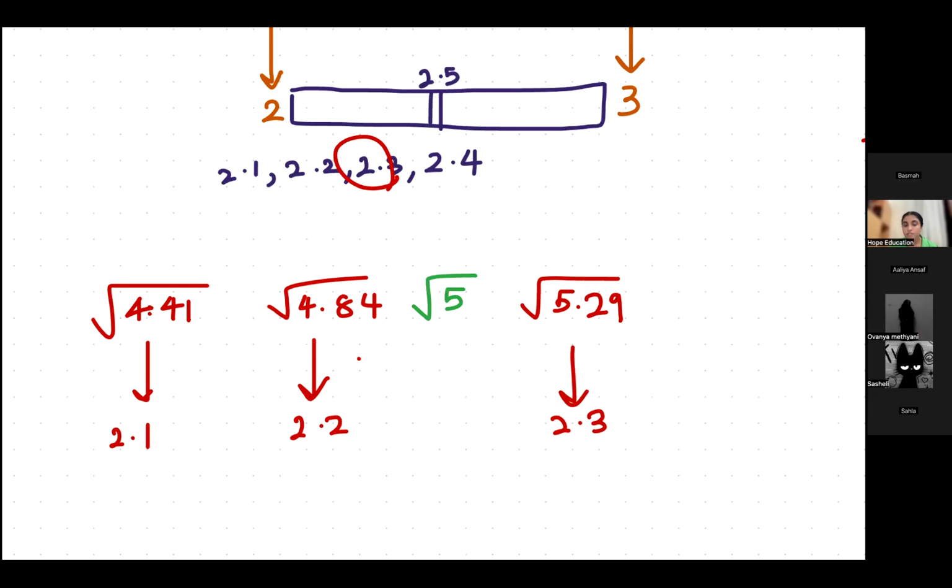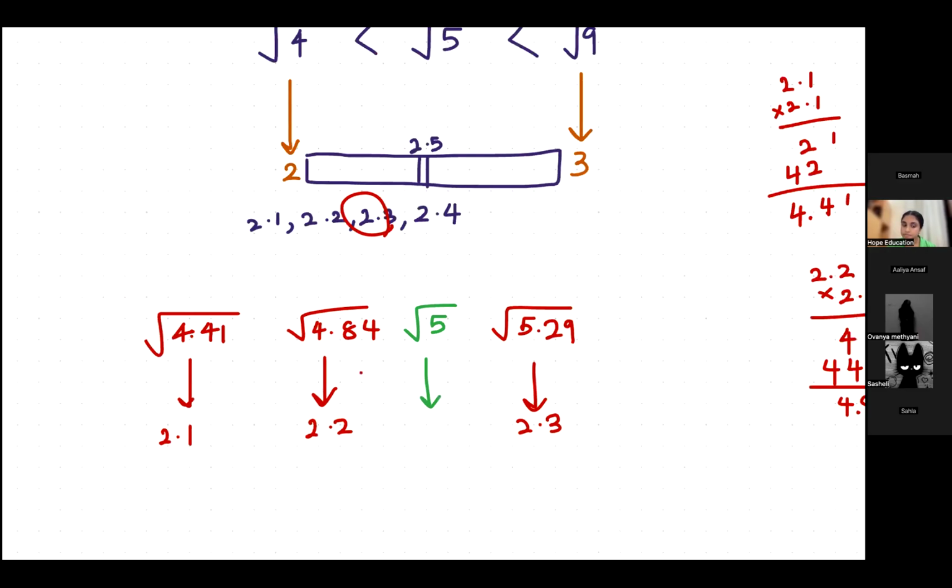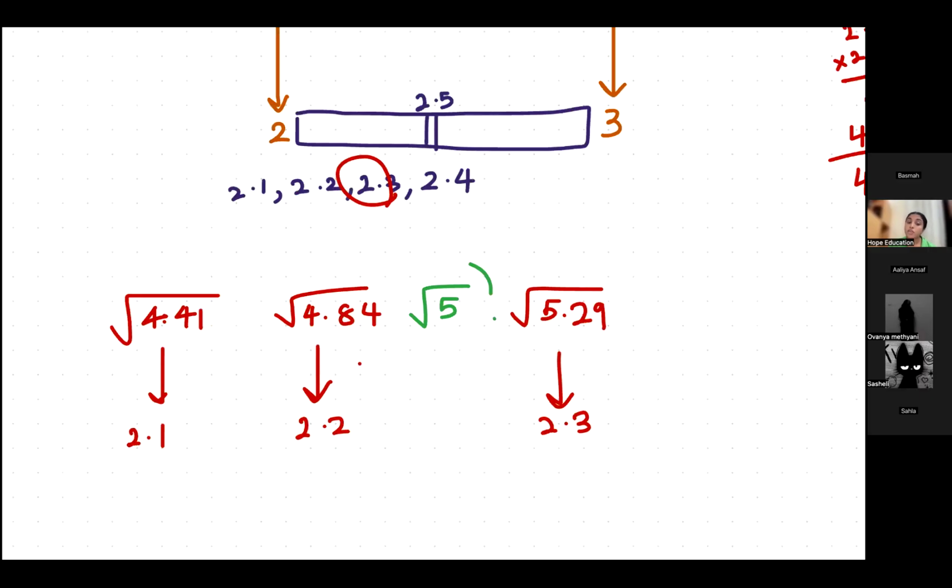Now square root of 5 should be between 2.2 and 2.3 again. Is that clear? Yes. Okay. Now tell me, is 5 closer to 4.84 or 5.29? 4.84.